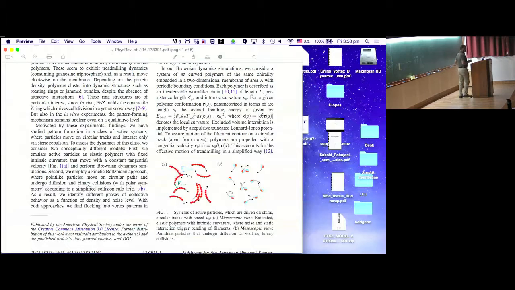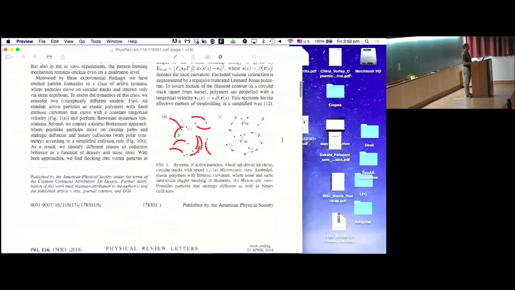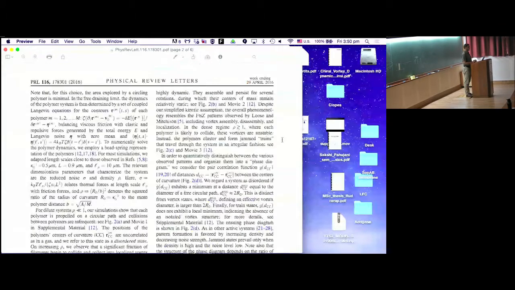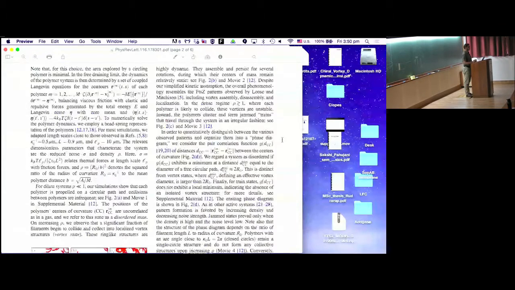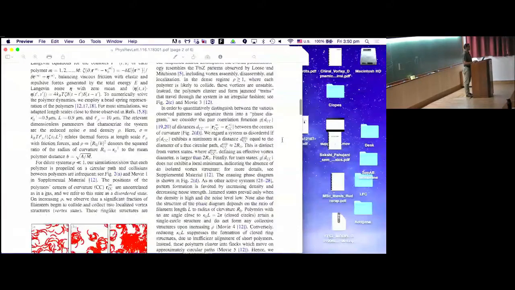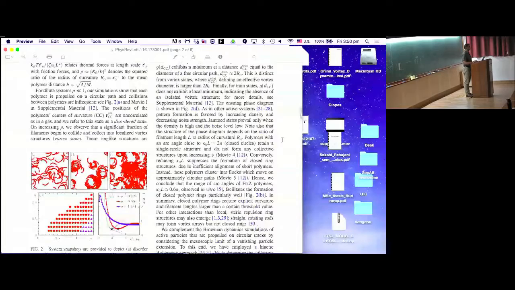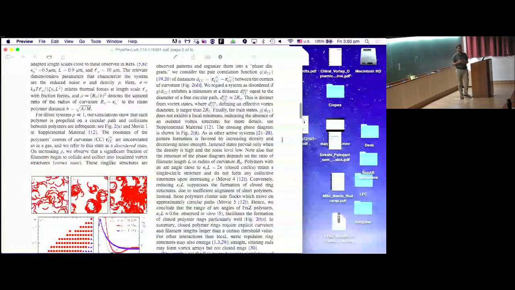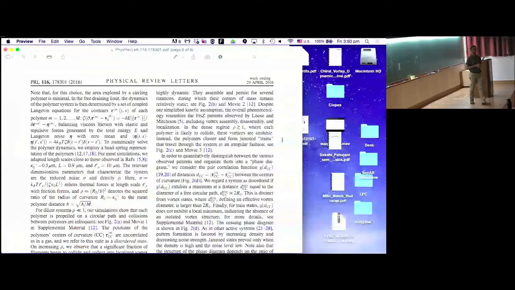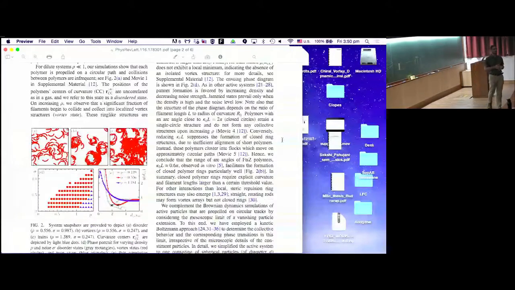All right, so I'll just go to the results. There are actually two parts of the paper, which is a very nice paper. There is a numerical part and a nice theoretical part. The theoretical part I didn't go through in detail, but I'll show you the results of the numerical simulations. Essentially the objective was to see if they could reproduce the results of one of the experiments that Srinivasan had mentioned.